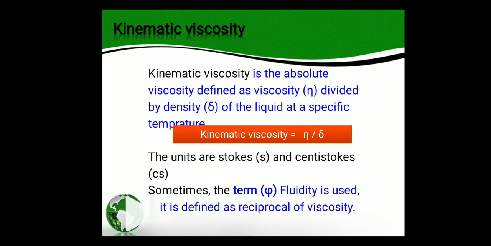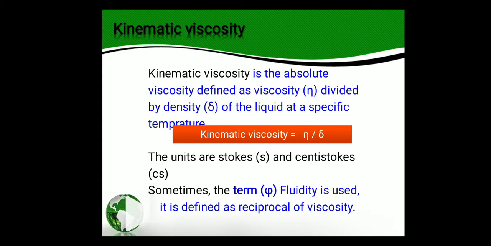The term which is related to viscosity and useful in pharmaceuticals is kinematic viscosity. Kinematic viscosity is also called absolute viscosity, which is defined as the ratio of viscosity to density of the liquid at a specific temperature.